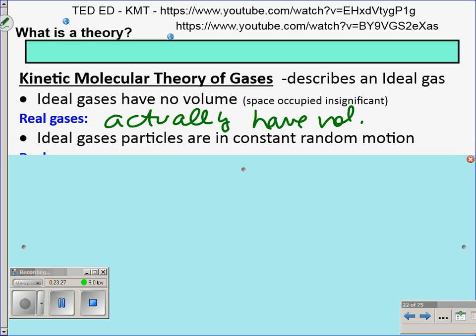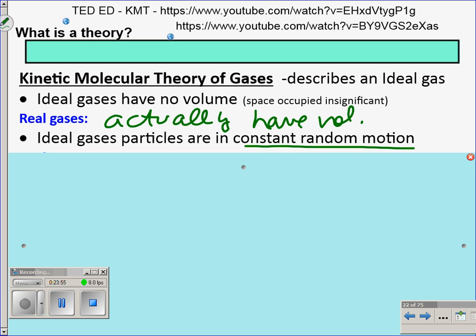Another characteristic, we assume they're in constant random motion. Is that what you saw on your simulation? Yes, right? But actually, couldn't gas particles hang close to each other? Maybe travel as a pair? Maybe they could attract. Why would things become attracted to each other? IMFs, intermolecular forces, they exist, right?